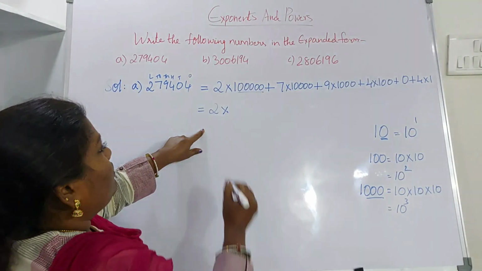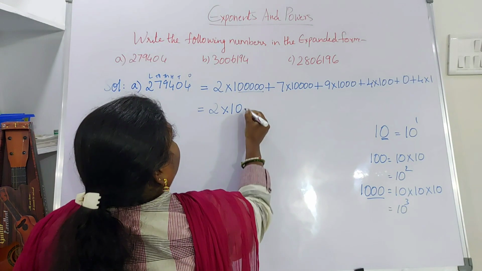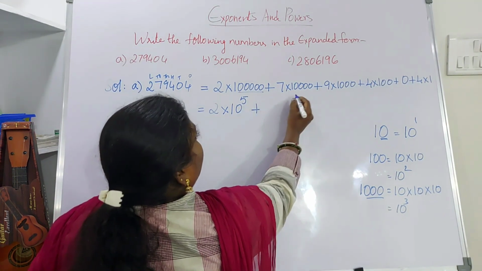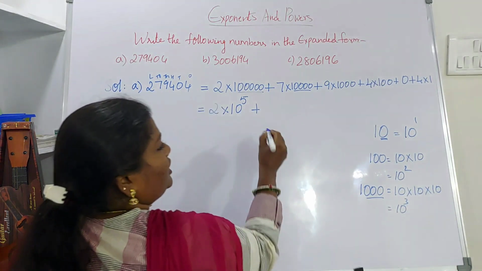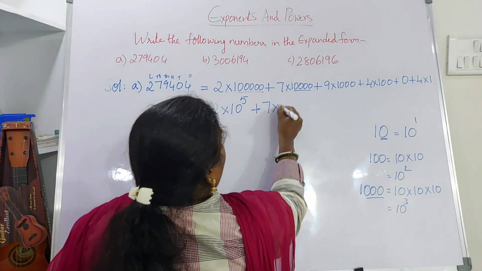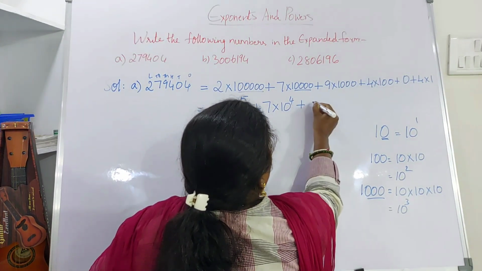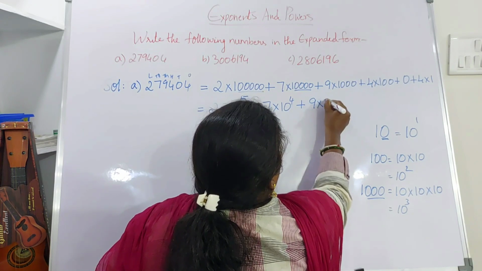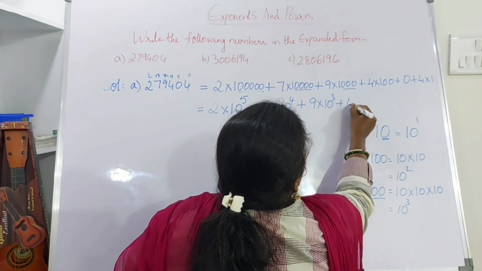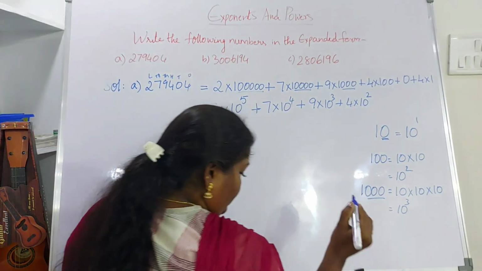So here 1 lakh can be written as 10 to the power of 5, plus, now you need to count the zeros and you can write the power. So 7 into 10 to the power of 4, for 4 zeros, plus 9 into 10 to the power of 3, plus 4 into 10 square.